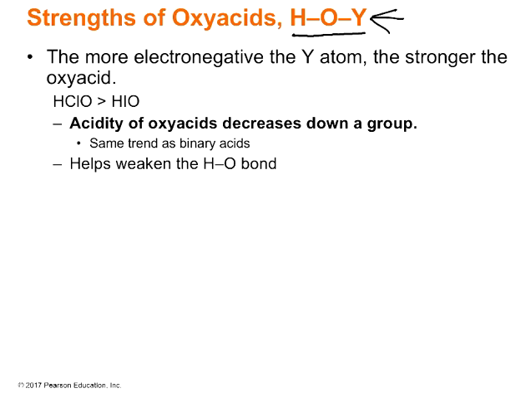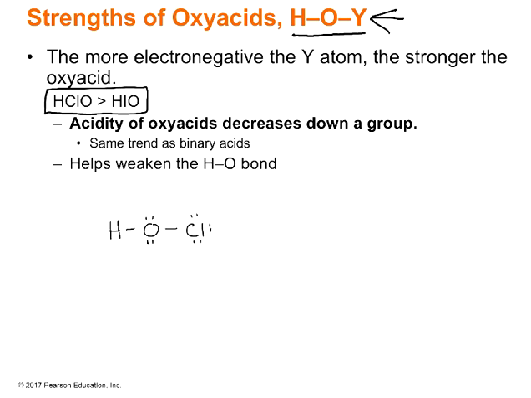So we're going to look at the example of hypochlorous acid and hypoiodous acid. Even though these are written as HClO and HIO, their actual Lewis structures are in a different order.